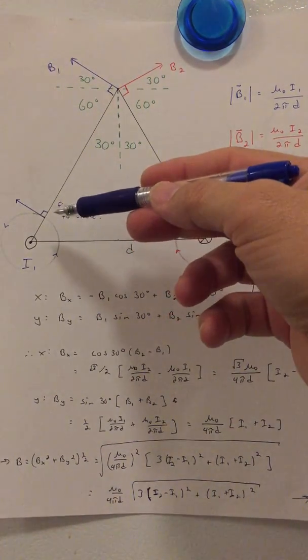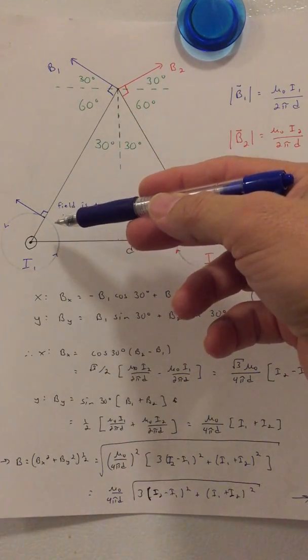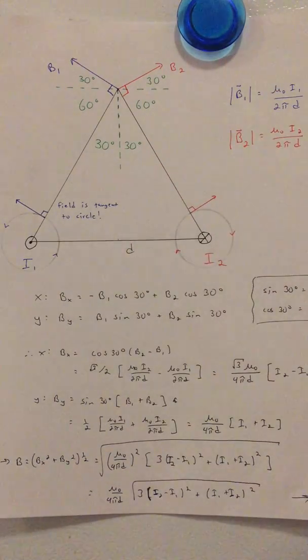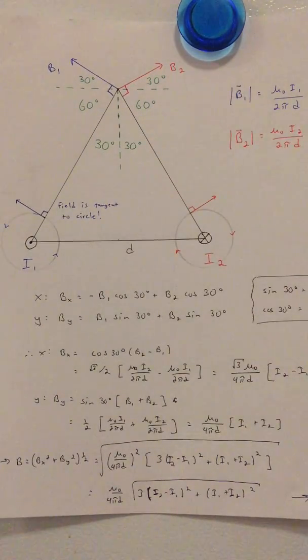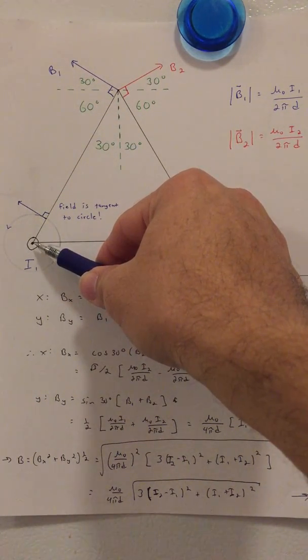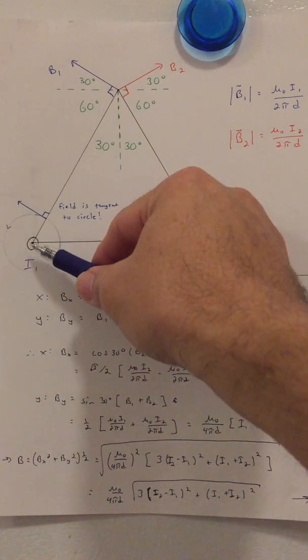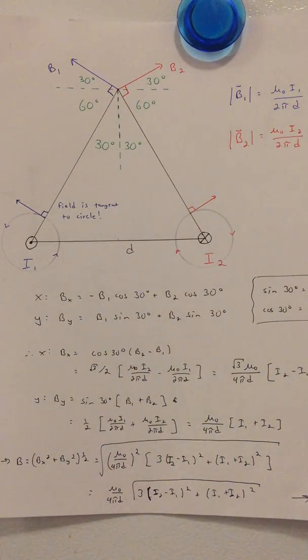I've given the field at the point where the side of the triangle intersects the circular field line. It's going to be tangent to the circle. So here I've drawn a tangent line at this point, and because the side of the triangle passes through this point, which is at the center of the circle, this line is directed along a radius.